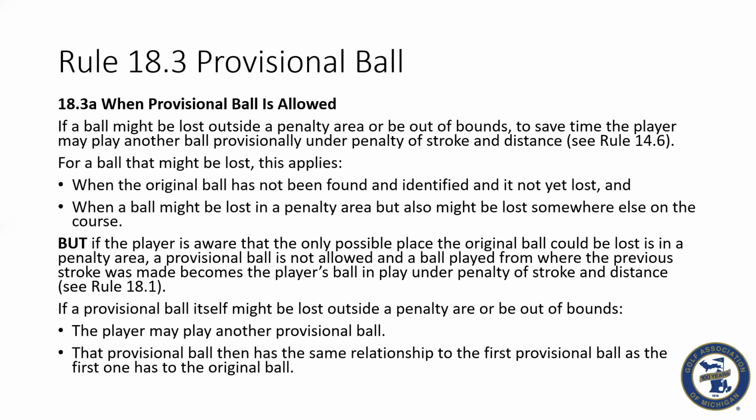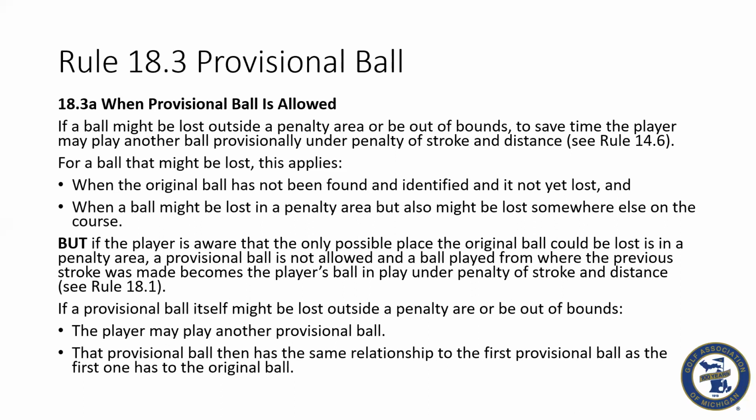But if we know it's there, as soon as that player plays, even if they say I'm playing a provisional ball, it's not a provisional ball. It's the ball under stroke and distance. The provision that it had to be done before going forward is now gone. Correct. So now, as Gene is saying, you can walk forward and then come back and say I'm going to hit a provisional now, as long as the 3 minutes hasn't happened.